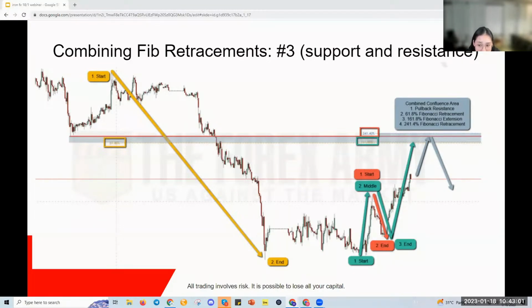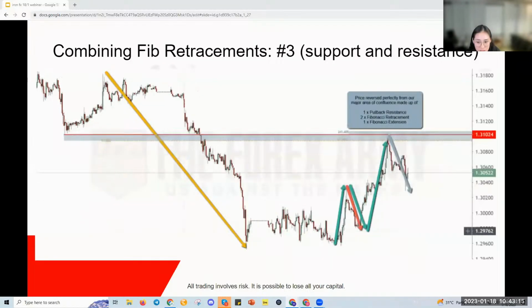So in such situations, you could place a short entry over here at this area. Okay, let's see how this played out. So you can see price reversed off of this area.